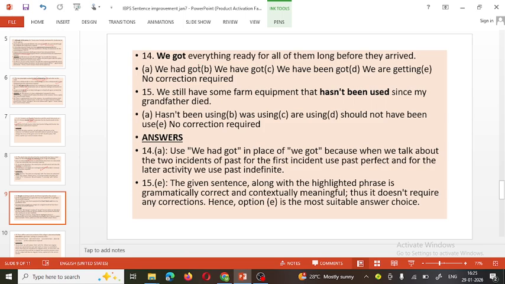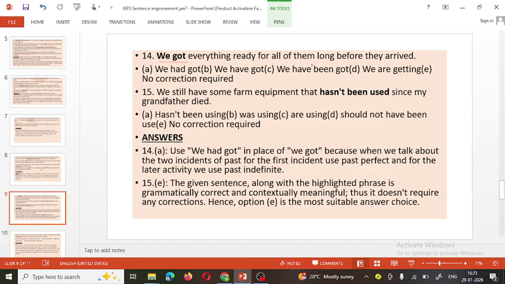Next one: "We got everything ready for all of them long before they arrived." "We got" is the highlighted part, and the options are given here: we had got, past perfect, present perfect, have been got, we are getting. But as you can see, the sentence is in past perfect tense.